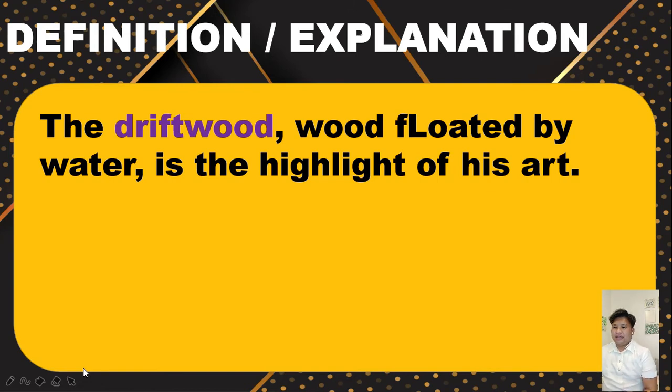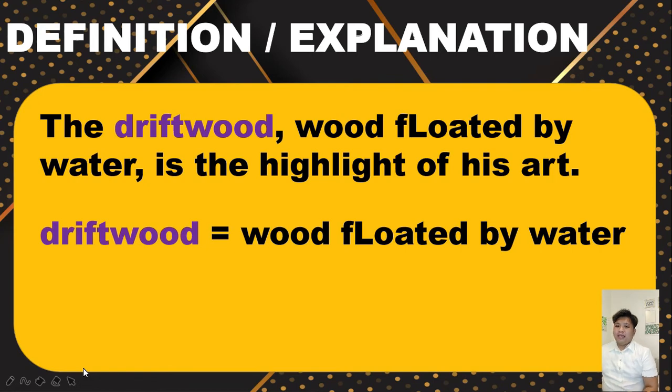So again, when we say definition or explanation, atong pangitaon sa sentence mismo, kay naa na sa sentence, gi-state ang meaning sa atong compound word. So here, driftwood, meaning wood floated by water. Again, it is already stated, wood floated by water.